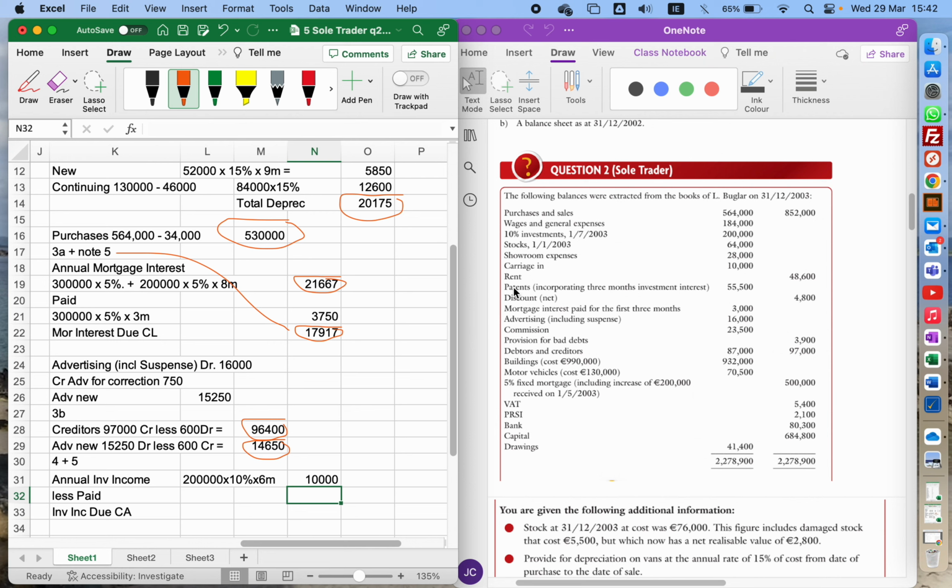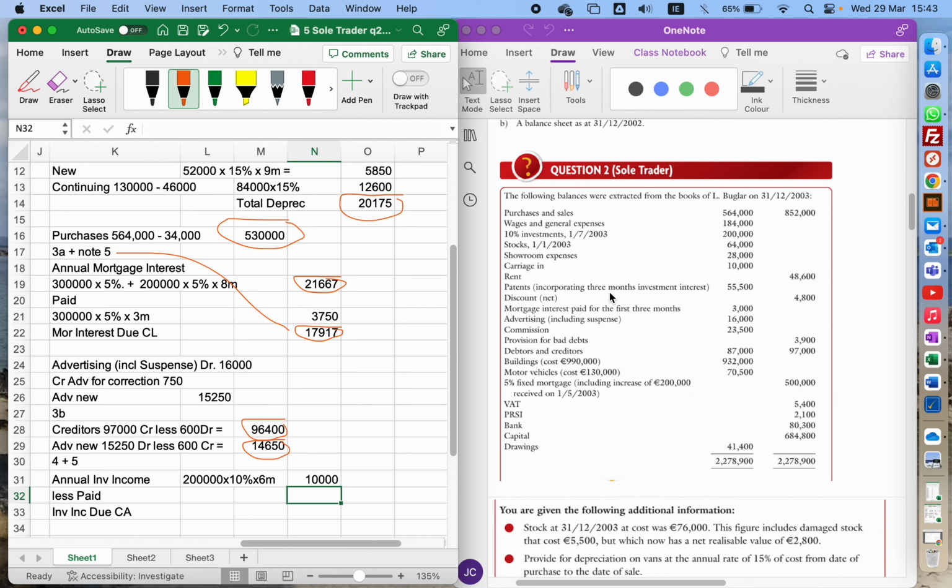Now, what it says in the question, patents incorporating 3 months investment interest. So I mixed into my patents account 3 months investment interest, and I'm going to need to take that out. That's part of the mistake I've made, and I need to take it out of patents and put it where it should have been in the first place.